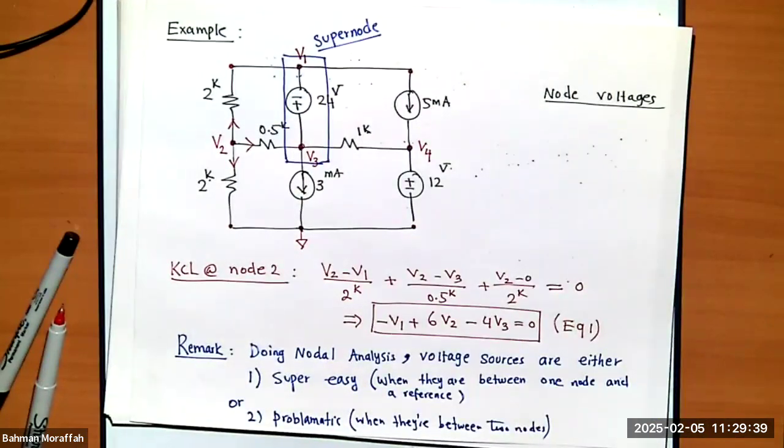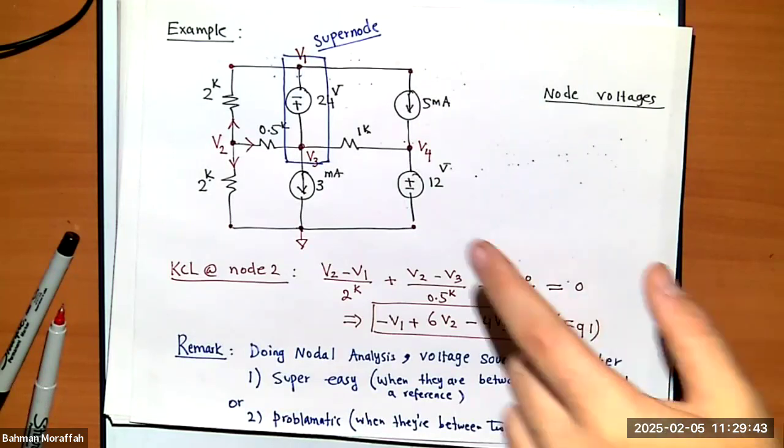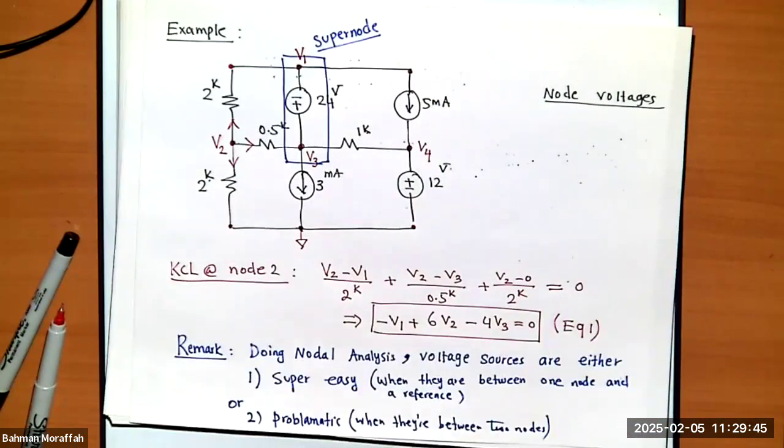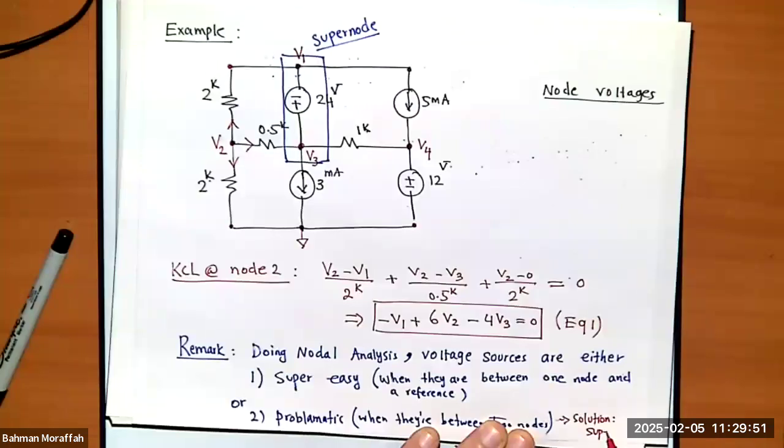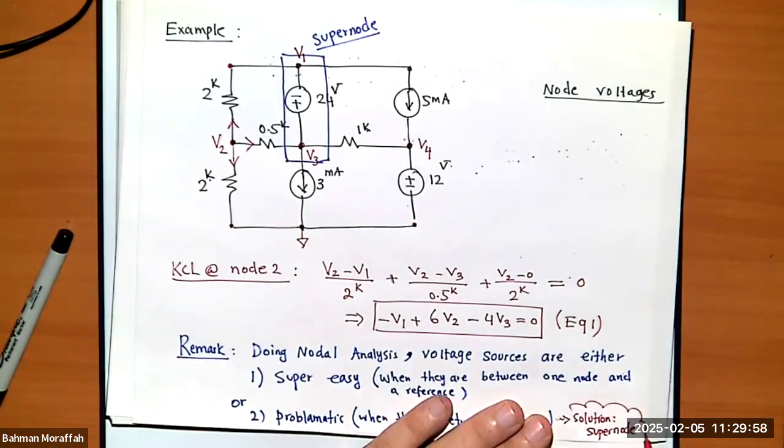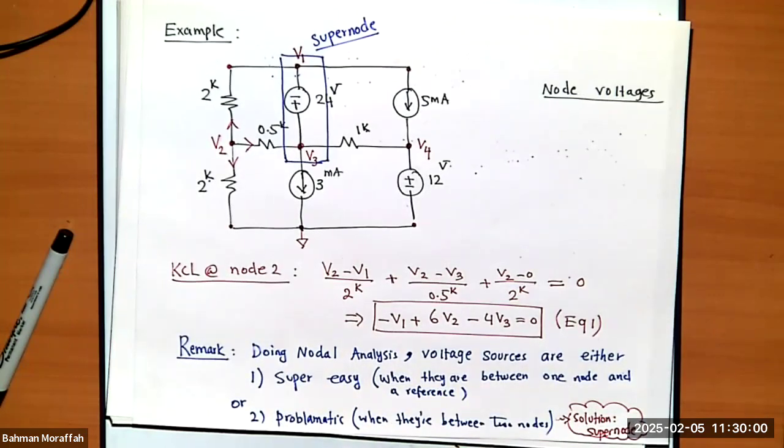Now if I write the KCL for this supernode, I don't have any issues with this source. So the solution to this is the supernode. So let's just write the KCL for that node.